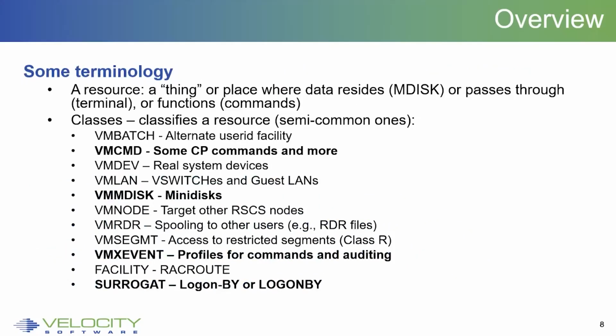Now, some terminology. Terminology within the RACF environment sometimes can be a little tough to grasp, but the more you see it, the more you read it, the better off you're going to be. So a resource, in regards to RACF, is a thing or a place where data resides, such as the minidisk, or that data passes through, like a terminal, or CP functions, commands.